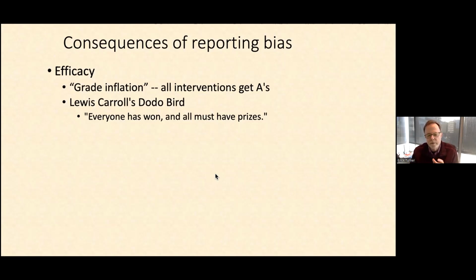If no one fails, if no one is mediocre, it becomes like Lewis Carroll's Dodo Bird, who said everyone has won and all must have prizes. Well, if all you see are positive studies, then you won't be able to distinguish good drugs from bad drugs.